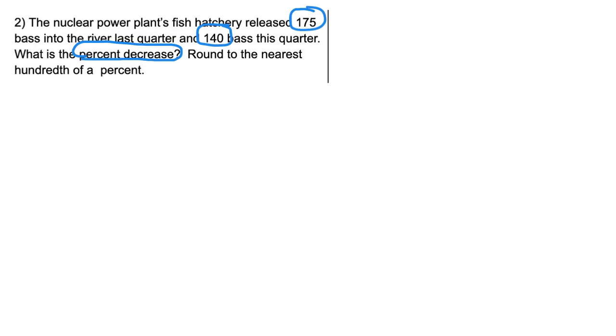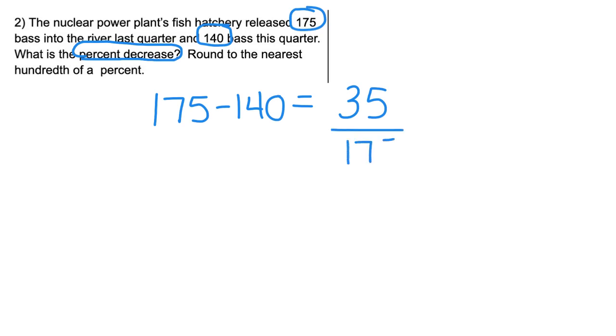Round to the nearest hundredth of a percent. So we're going to start off by subtracting these numbers. Big number minus small number gives me my upper left location. According to the purple template, the bottom left location is the original number. So the fish hatchery first released 175.